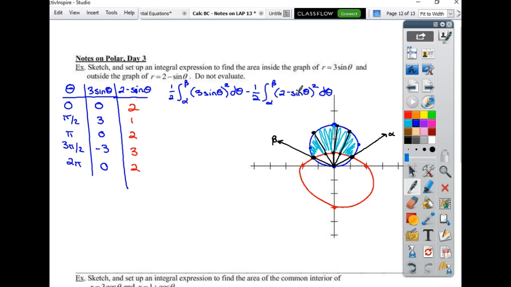Right, and this is awkward silence. Area of a sector is what we just set up here. Basically, I said let's find the area of the blue sector minus the area of the red sector. Because if I find the area of this blue piece between alpha and beta, do you agree I'm going to find really everything between here and here?